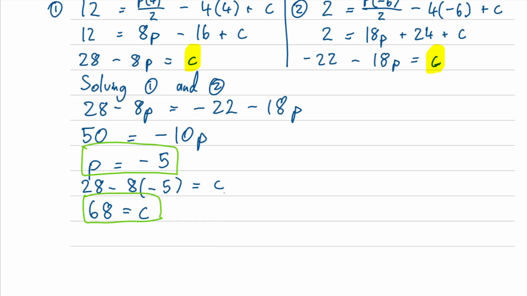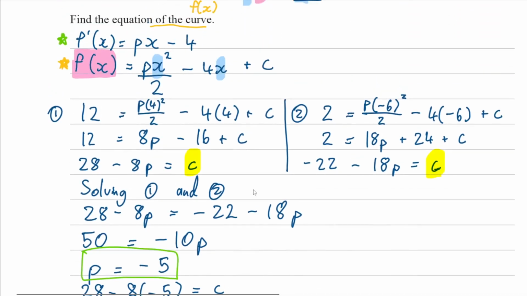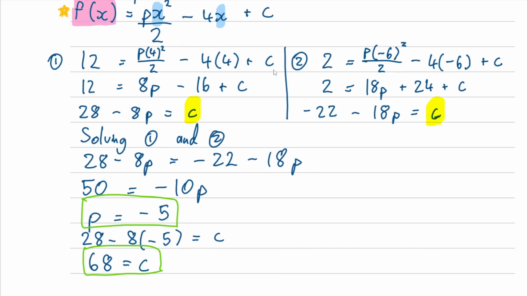Now that we have our values for p and c, we can go all the way back up to our orange star, our f of x, and find the final equation of the curve. So we are left with f of x equals p times x squared, where p is minus 5, over 2, we can leave that as a fraction, minus 4x plus c, where c is 68. And that would be our final equation for the original curve.